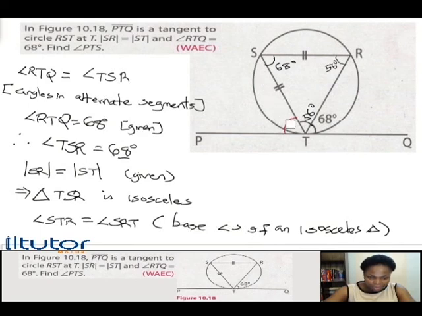In this alternate segment on the circumference we have this angle 56 degrees. So we have that PTS is equal to angle TRS. The reason is that they are angles in alternate segments.